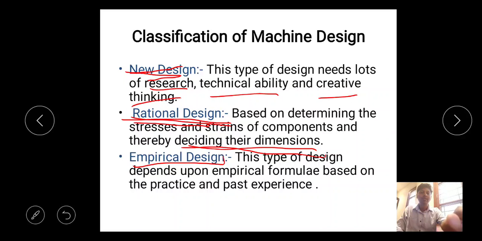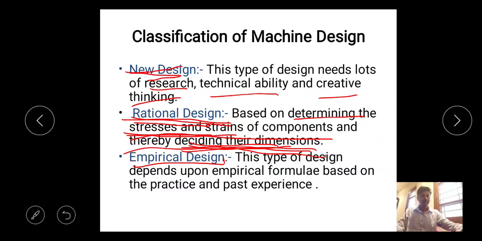Such type of method is called the rational method. You are designing based on stress and strain, how much stress is there. If 400 megapascal stress is there, below that you have to design. If you design more than 400, that machine or that component of the machine will fail. So by determining the stress and strain of a component, you are designing the dimension.